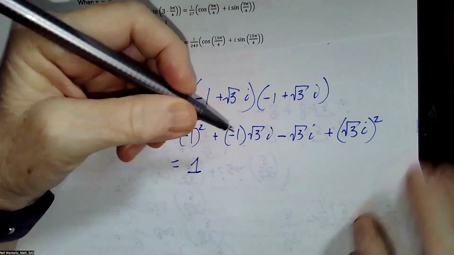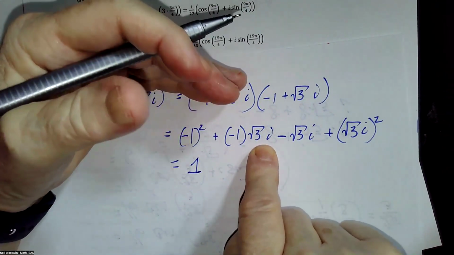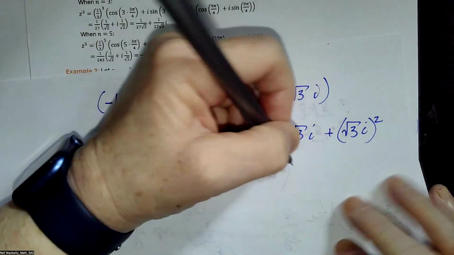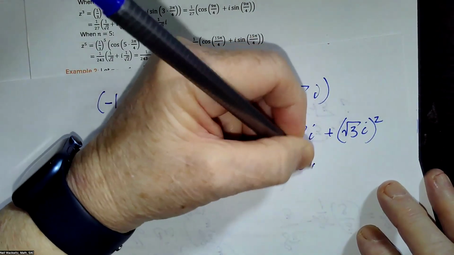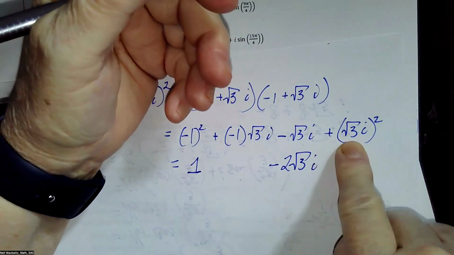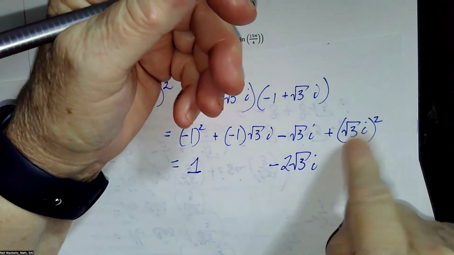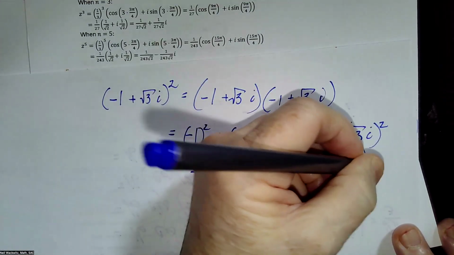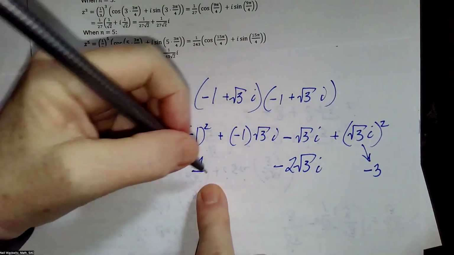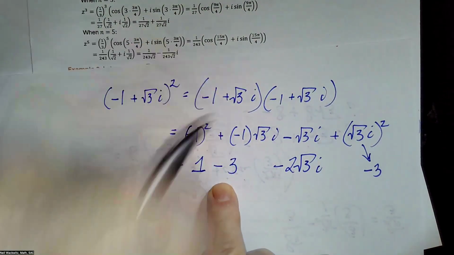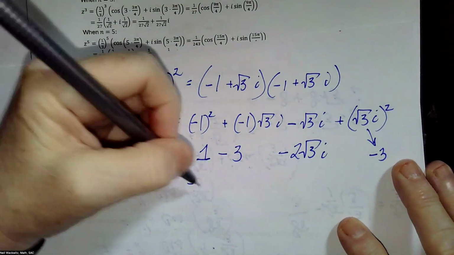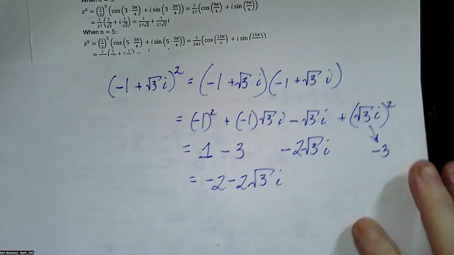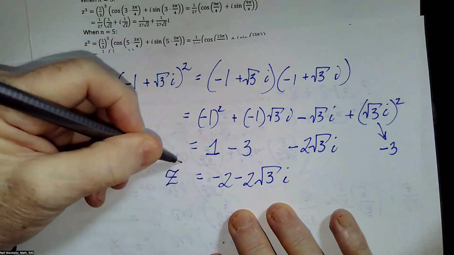And that's 1. I've got a negative square root of 3i minus another square root of 3i, so this is minus 2 square root of 3i. Square root of 3 squared is 3, and I squared is negative 1, so this is negative 3, and I'm going to move that up front. So we get negative 2 minus 2 square root of 3i for z squared.